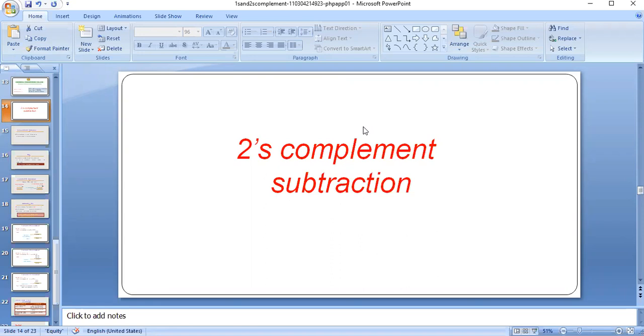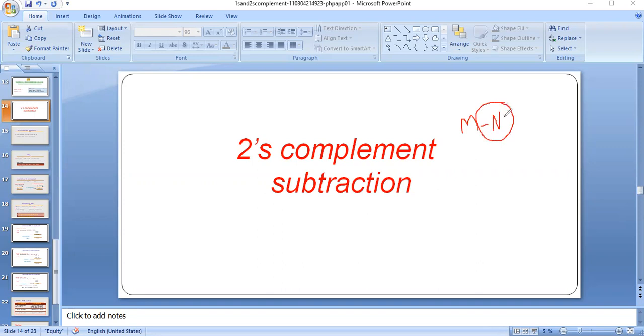So what is the one's complement method procedure? In the first step, we have to find the one's complement of the subtrahend. In this problem, this is called the minuend and this is called the subtrahend.